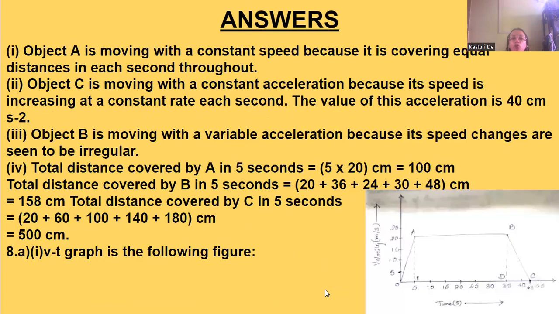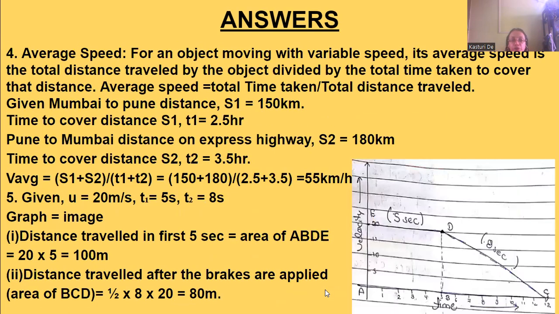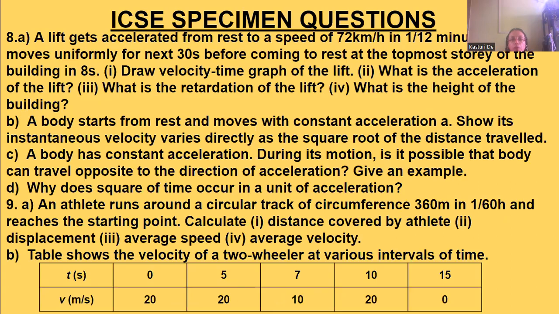Next, we move on to the 9th question. An athlete runs around a circular track of circumference 360 meters in 1 by 60 hours and reaches the starting point. Calculate the distance covered by the athlete, the displacement, the average speed, and average velocity.